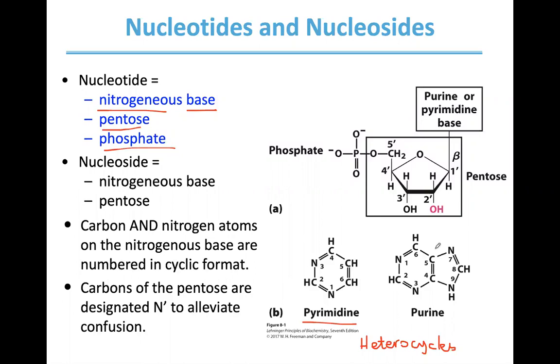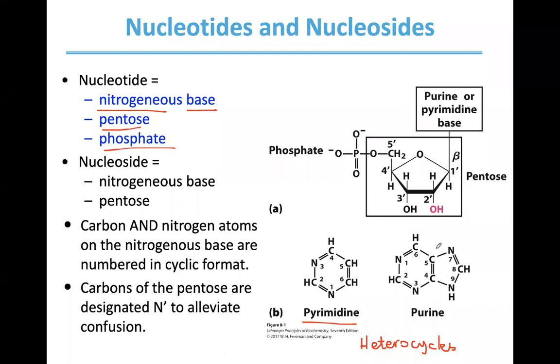Is it proline? No, proline is a good guess. It has one nitrogen, but proline, remember, is not an aromatic structure. And proline is fully saturated, so it's not a heterocycle. So what else? Histidine.